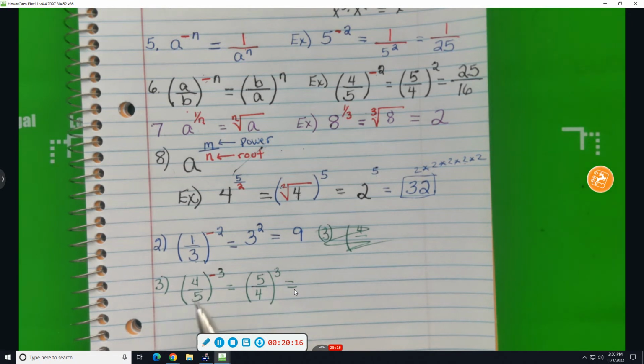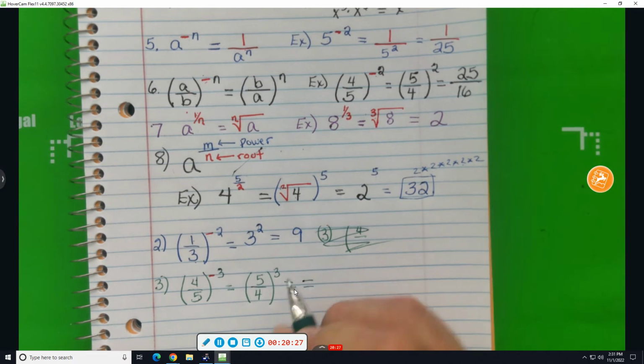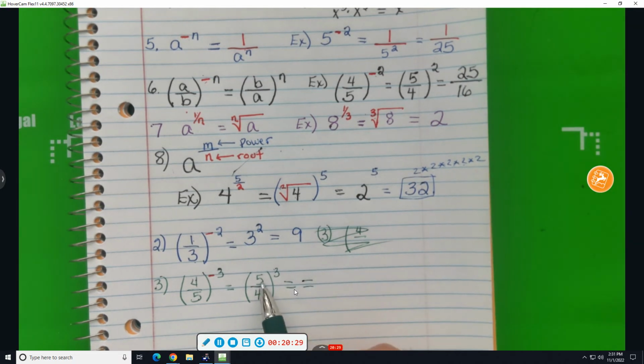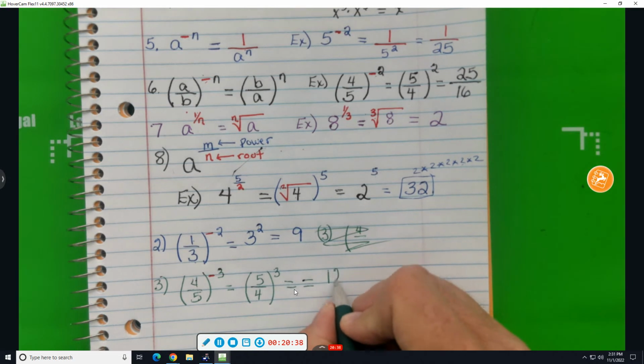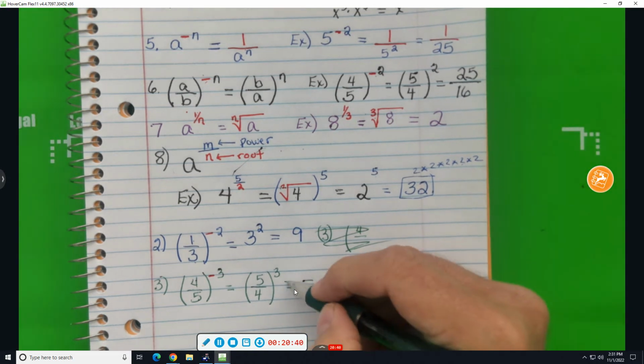So 4/5 to the negative third is the same thing as 5/4 to the third. Don't say 15/12. 5 times 5 times 5. 5 times 5 is 25, times another 5 is 125.